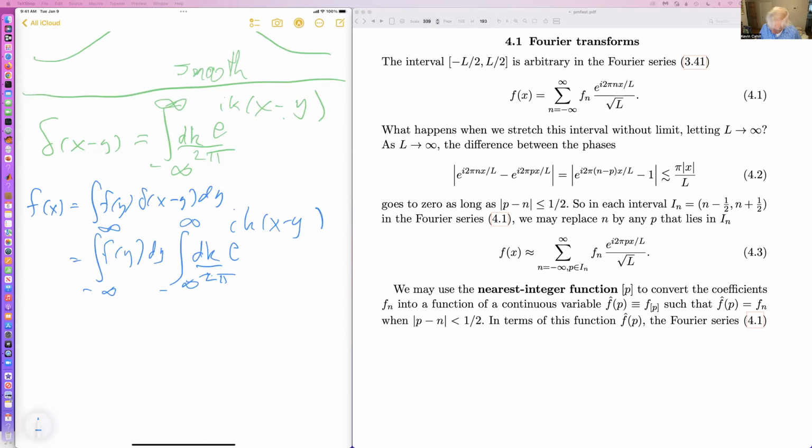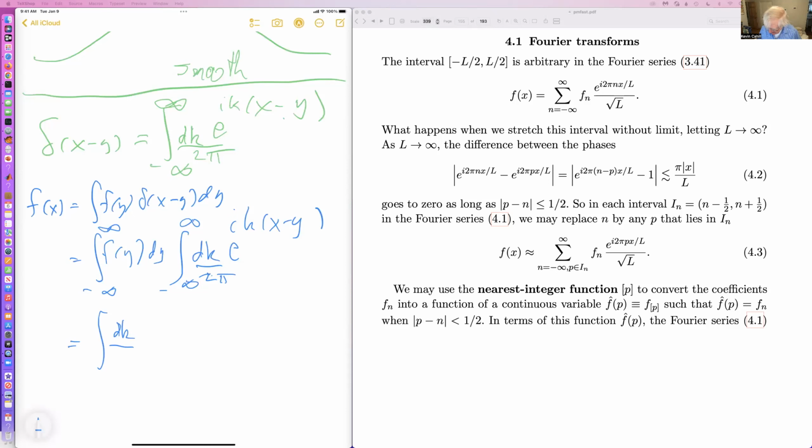And so rewriting that, what we've got is an integral dk e to the minus i k y.